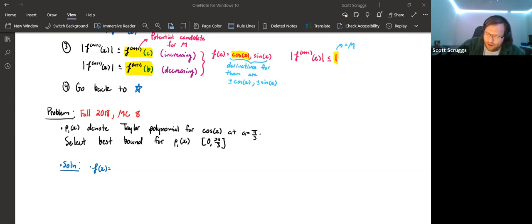First, I want to identify f of x, or the function that we're trying to take the approximation of. In this case, you're told by the problem that we're trying to find the estimation for Taylor polynomial for cosine. So that will be our f of x. So f of x is cosine.